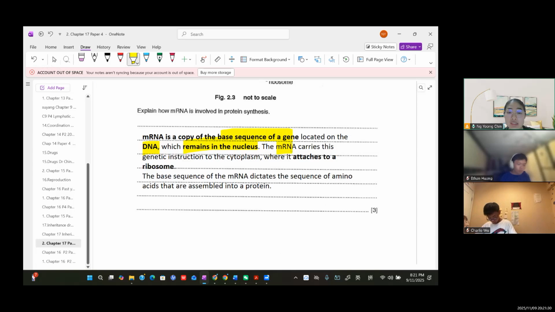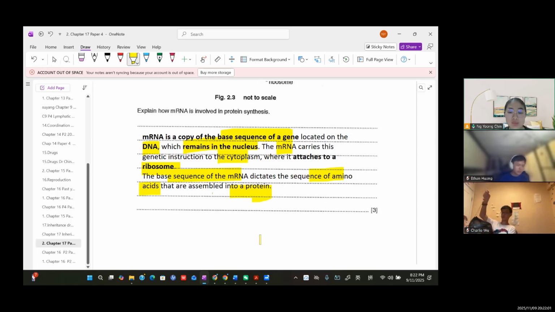The mRNA carries the genetic instructions from the DNA, and then goes to the cytoplasm and attaches to the ribosomes. The base sequence on the mRNA determines the sequence of amino acids. Later, they produce the polypeptide chain. The polypeptide chain can fold and become proteins.